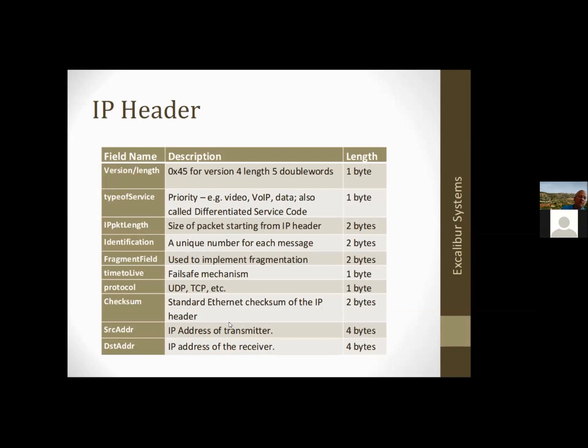The checksum is a fairly complex algorithm, where you take all of the bytes until now, put them through this algorithm, and you come up with a number. So when the transmitter transmits the packet, he does that. When the receiver gets the packet, he does it again. He takes all the fields other than the checksum, and then he sees if it matches the checksum. It might not, because it's going through a lot of different equipment, some of which is perfect, some of which is not.